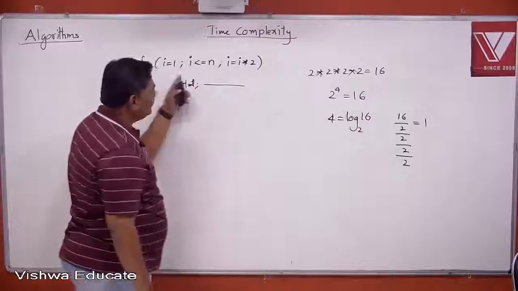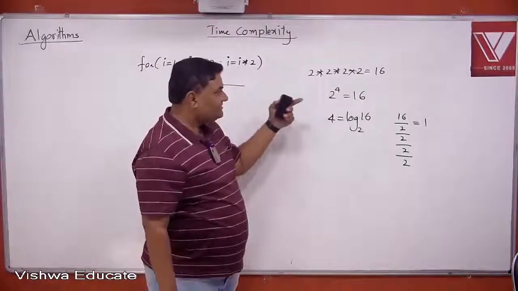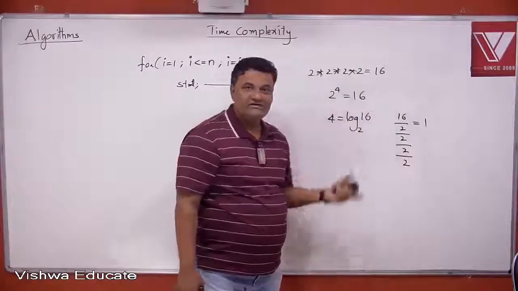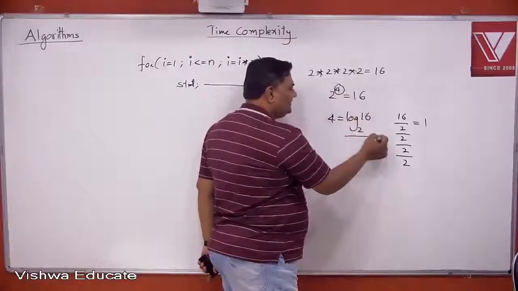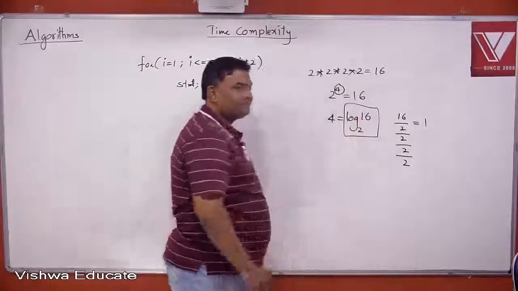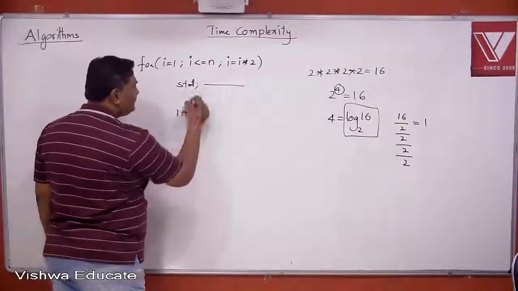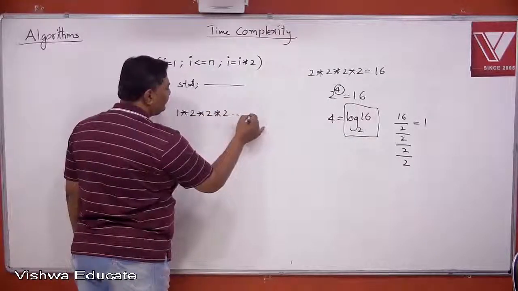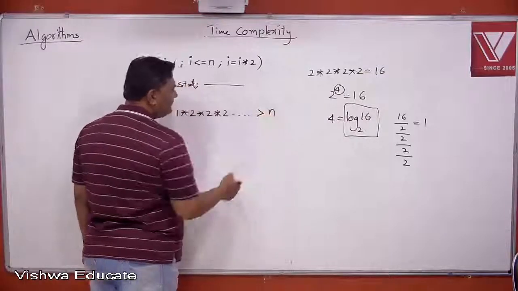So what are we doing here? Multiplying 2 and 2 and 2, so it is reaching till n. After how many multiplications will it reach n? We can know this value by log only. I is 1, then it becomes 2, then again 2, and some more times, and it becomes greater than n.